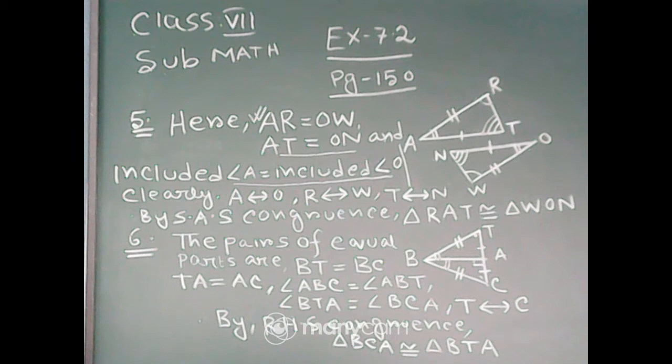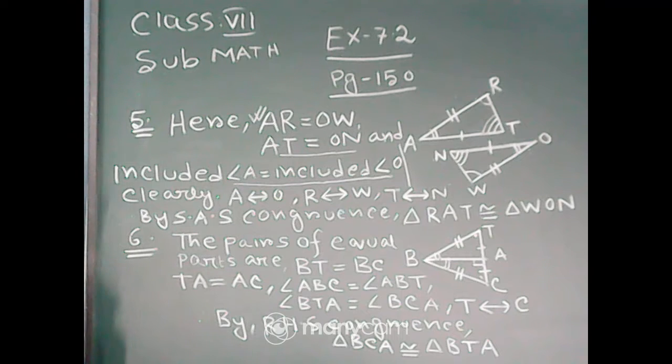Therefore, we see that two sides and the angle between them of a triangle are equal to two corresponding sides and the angle included between them of another triangle.